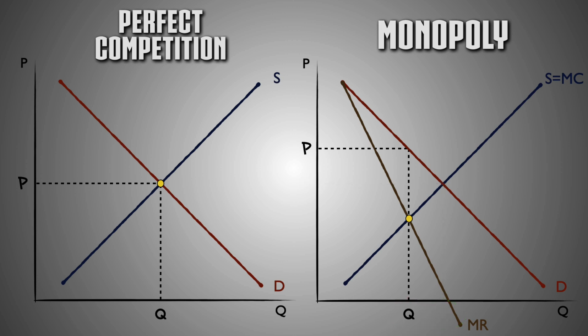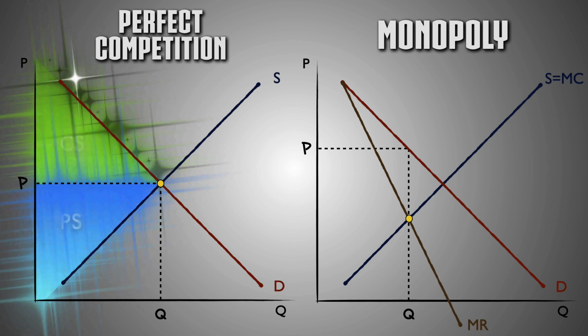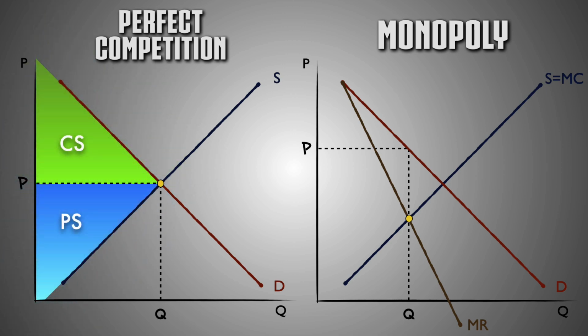Need more proof? Compare the consumer and producer surplus of an allocatively efficient market to that of a monopoly. When producing the socially optimal level of output at a mutually beneficial price, a perfectly competitive industry maximizes both consumer and producer surplus at market equilibrium.